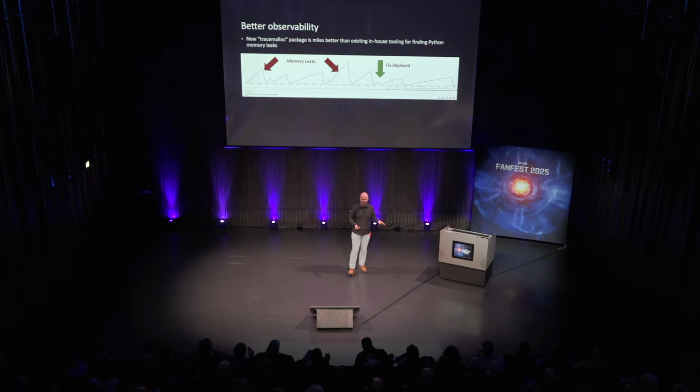There are various tools at your disposal if you want to track this down in a language like C++, and it's relatively straightforward. But when you're trying to pinpoint this in Python, it's very difficult. We had some in-house tooling, but this was very clunky to use as well, and was not really giving us a concrete place of saying, this is where it leaks. It was more like, well, it's these types of objects that are leaking.